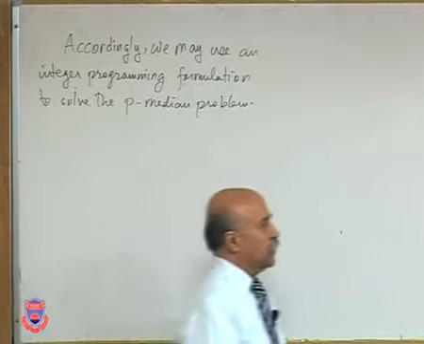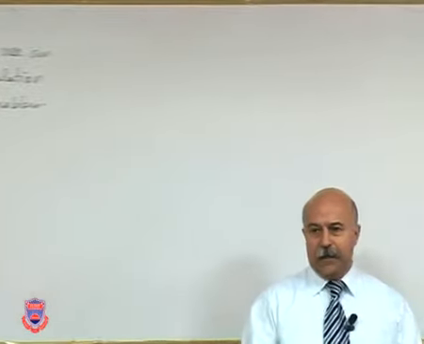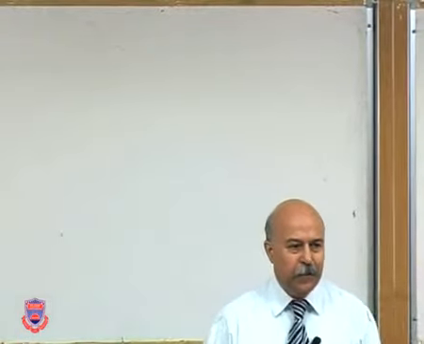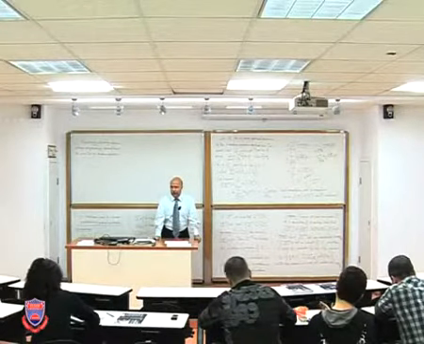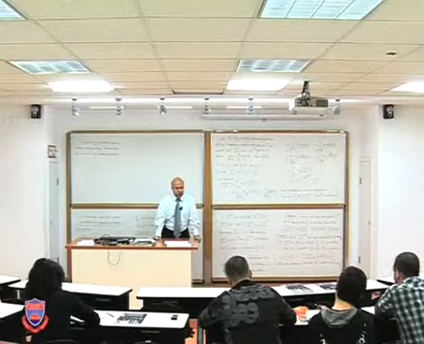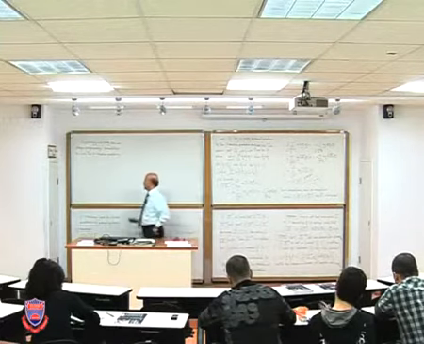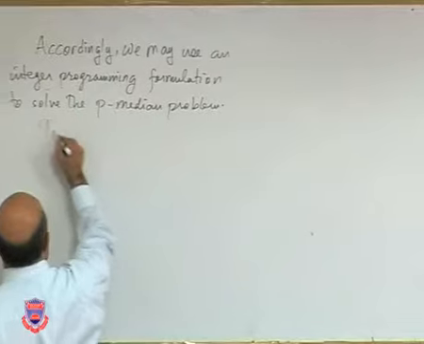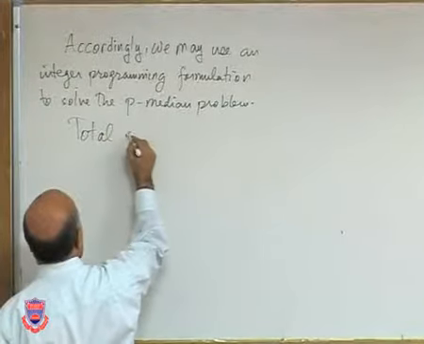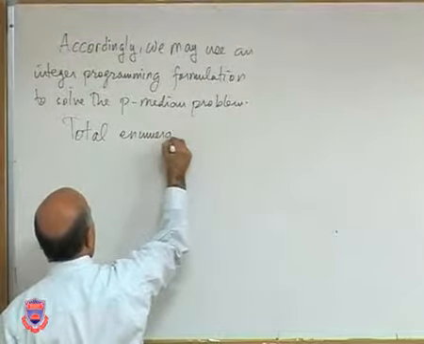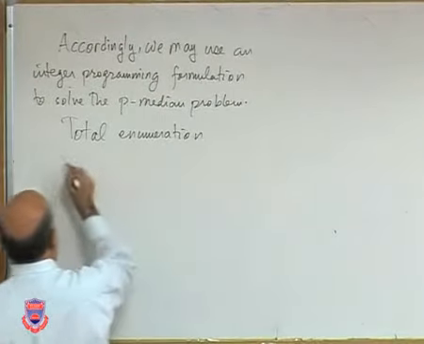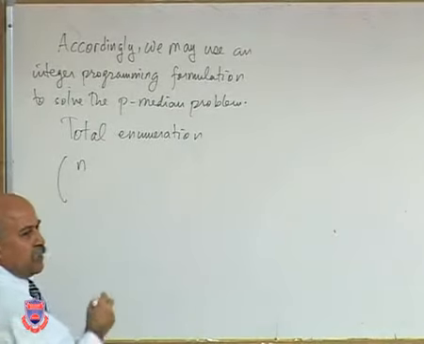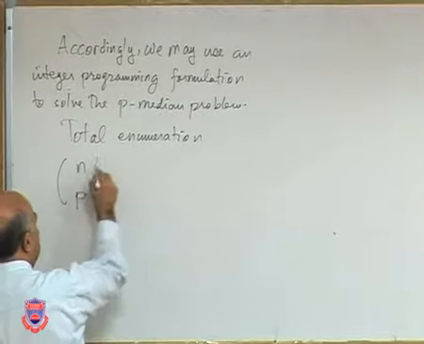So, one way to do it is to enumerate by picking each p-element subset and do it. How much time would that take? Or what would be the order of computation for that? Total enumeration. From n vertices, you choose p vertices.